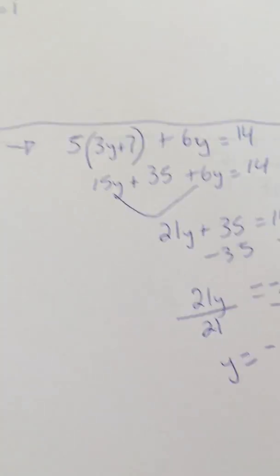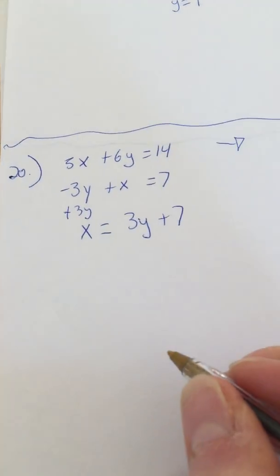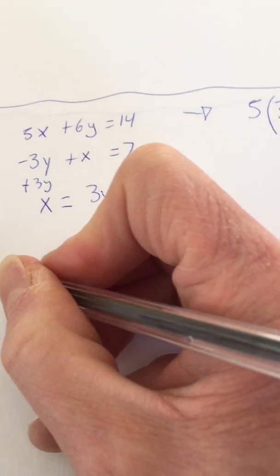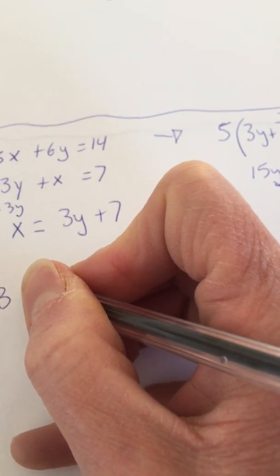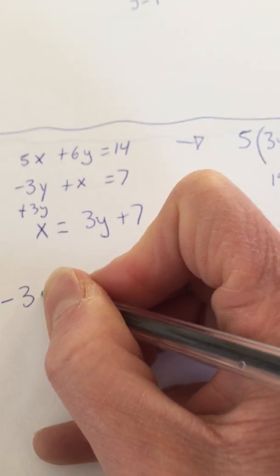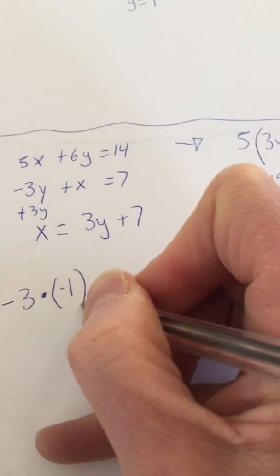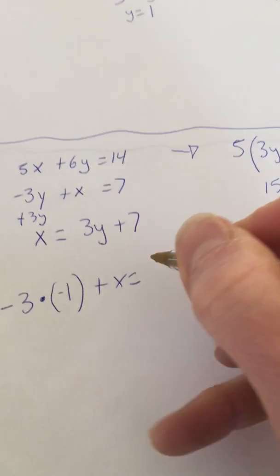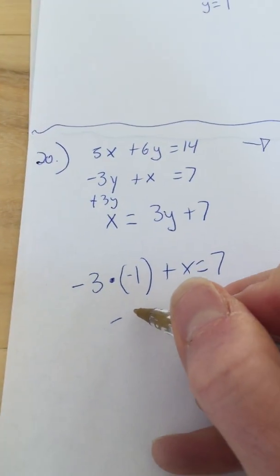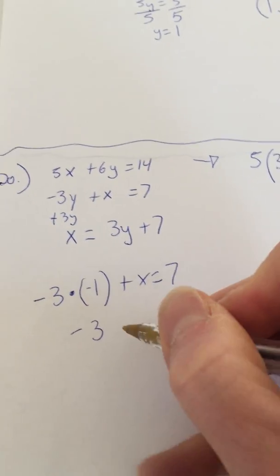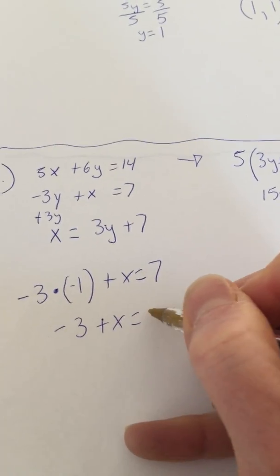So if y equals negative 1, then I can go back in here and put it into one of the other ones. So negative 3y plus x, so times negative 1 plus x equals 7. So now you have negative 3 plus x equals 7.